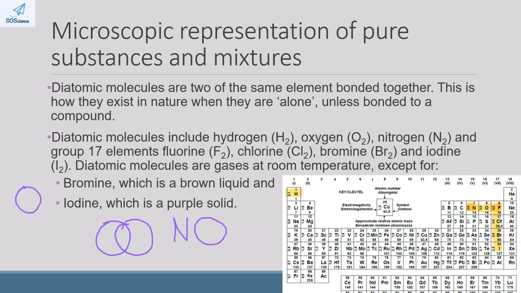So oxygen will either be bonded to itself, in which case it is a diatomic molecule, or it will be bonded to something else, but it will never be found as a single atom in nature, and that applies to hydrogen, nitrogen, oxygen, fluorine, chlorine, bromine, and iodine.